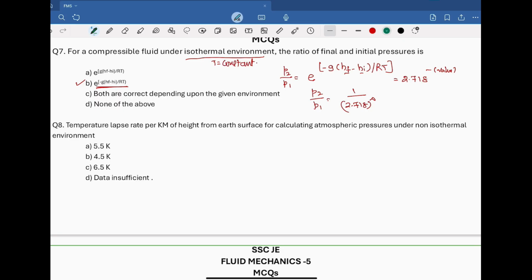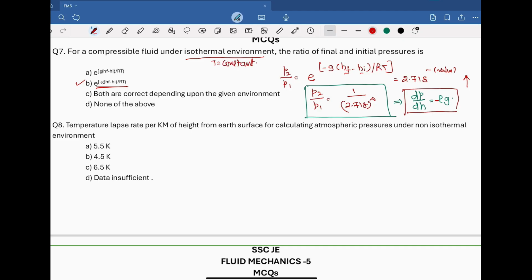That means this relation gives dP by dH is equal to rho g. From this we got this relation. This is minus rho g. dP by dH, when you measure H upwards, dP by dH is equal to minus rho g.